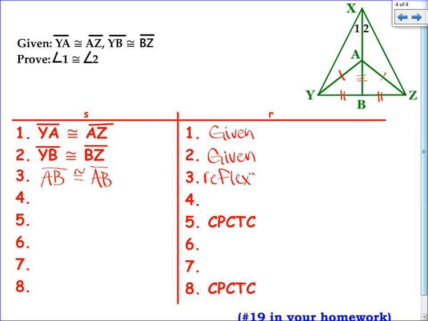So we've got our three sides, correct? Side, side, side. So if we name that first one YAB, what's the next one? And we used side, side, side for that shortcut. Now eventually we're trying to say that angle 1 is congruent to angle 2, which are at the top of the picture.